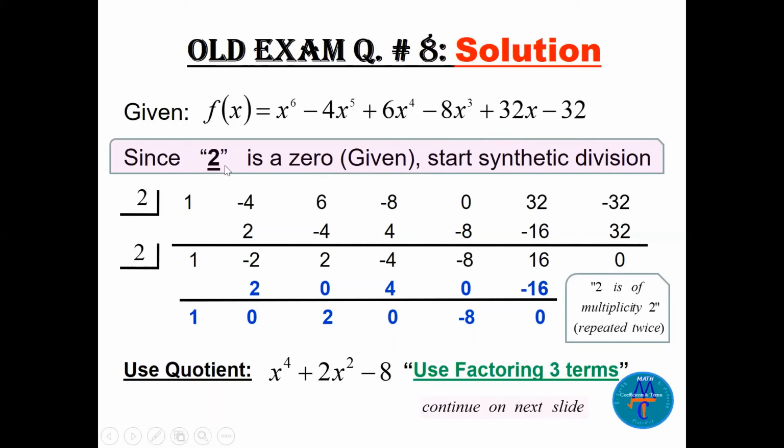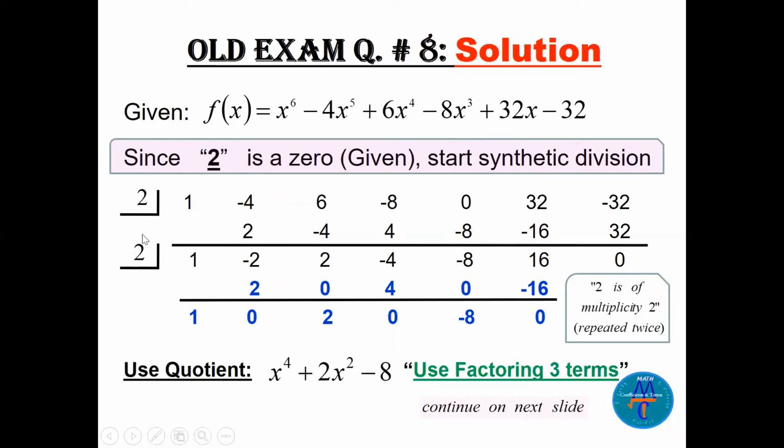Because it says given 2 is a 0, 1 comes down. I do synthetic division and I know for sure the remainder is 0. So 1, and then multiply by 2 until you get the remainder 0. You can check the numbers, please.